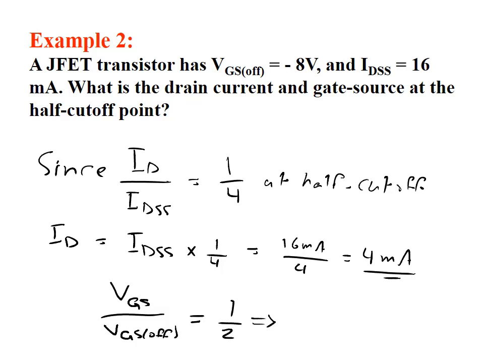So that will give me that VGS will equal minus 8 over 2. So that will be minus 4 volt. So that's the gate to source voltage at the half cutoff point.